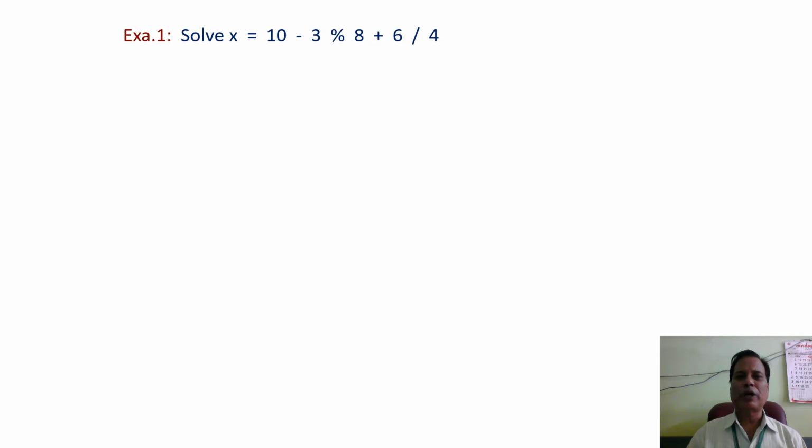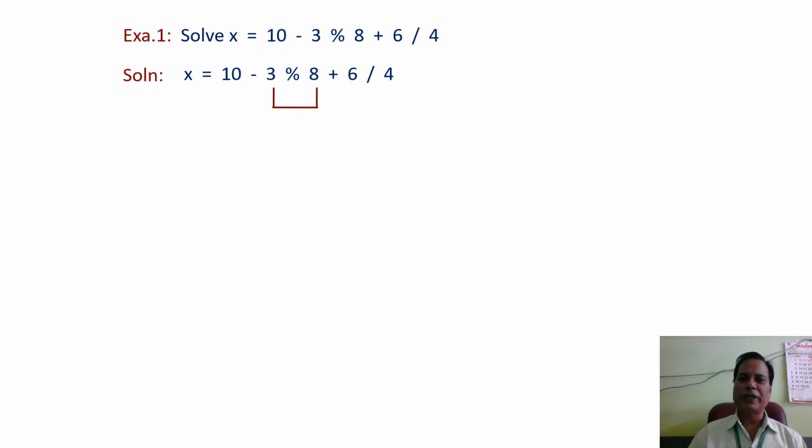If we have to solve an expression x is equal to 10 minus 3 modulo 8 plus 6 slash 4, then knowing that the modulus operator and division operator have the same precedence level, but while solving the expression we have to follow the associativity from left to right.